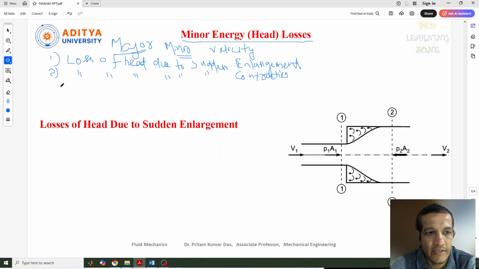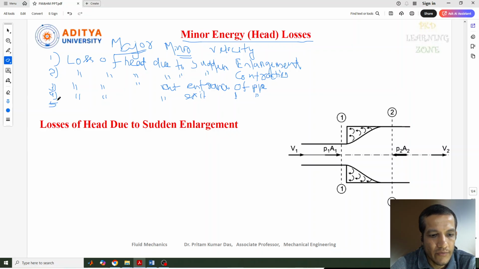Next is the loss of head at the entrance of pipe, and similarly the loss of head at the exit of pipe.